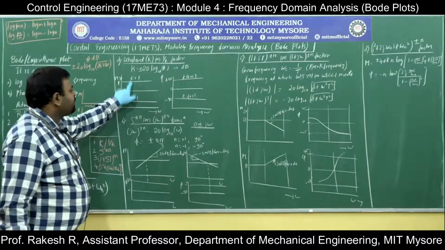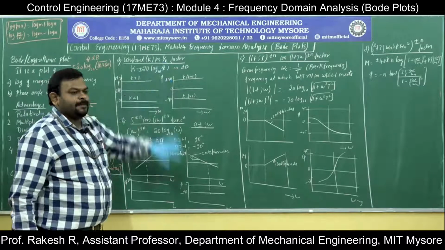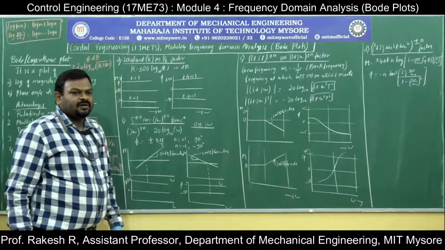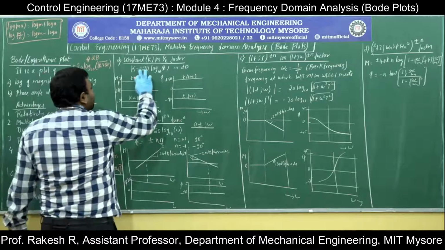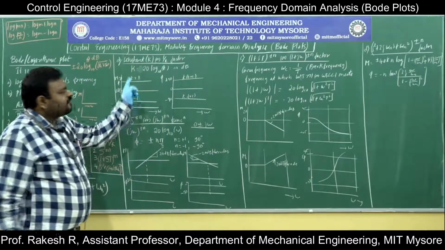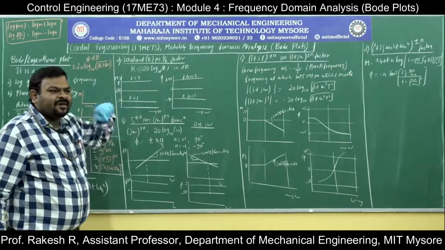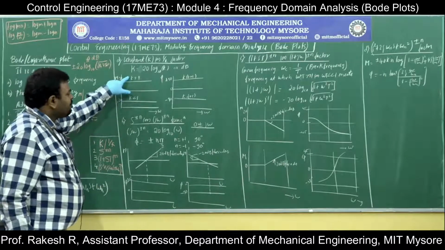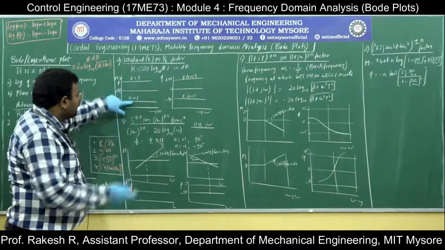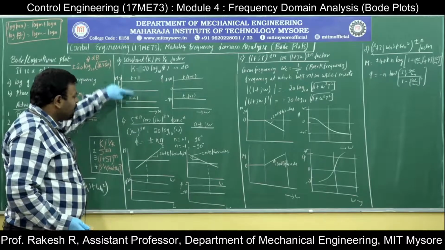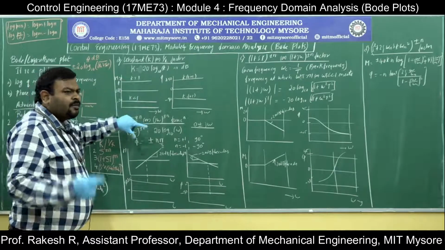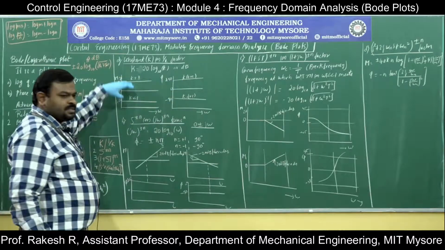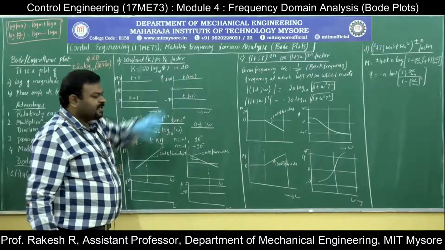So there will be a conversion, 20 log 10 k. Moreover, you can use 20 log 10 of 1 by k also if it is in the denominator. If k is positive, it will be located above the 0. If k is negative, it will be located below the 0. You have to write the phase angle below this, but since it is a constant term, I have written it here.